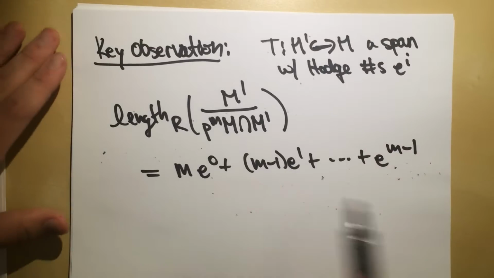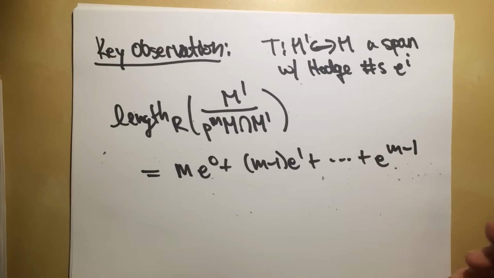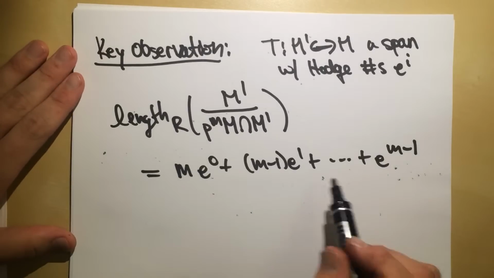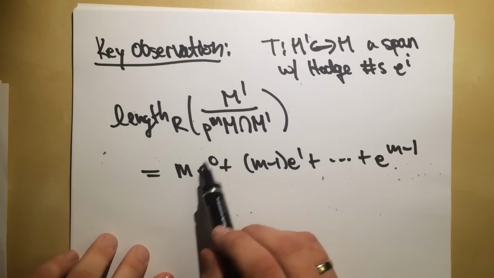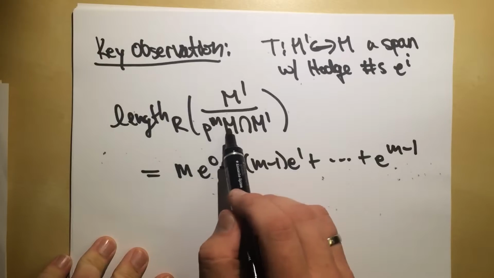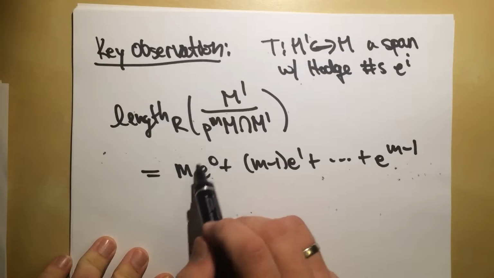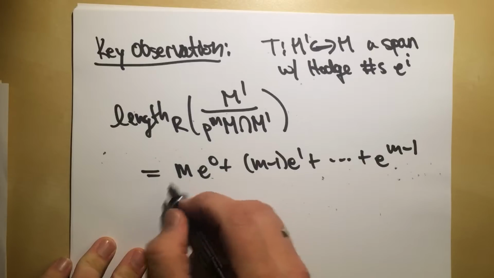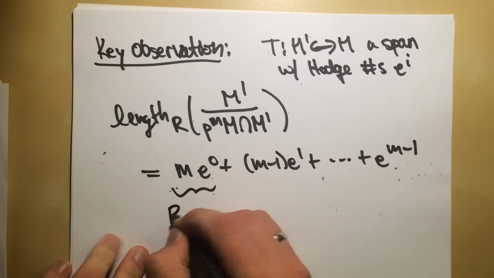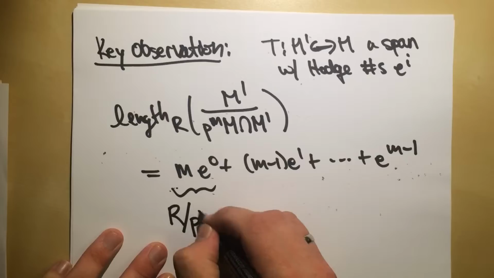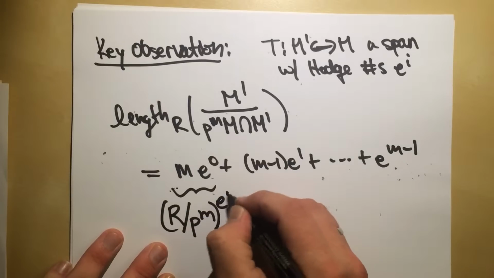How do we see this? Why is this just an observation and not a theorem? Well, it's really easy. Since you're modding out by p to the m, this is the 0th piece, contributed from a factor of R mod p^m to the e0.